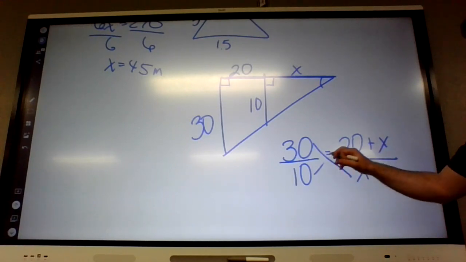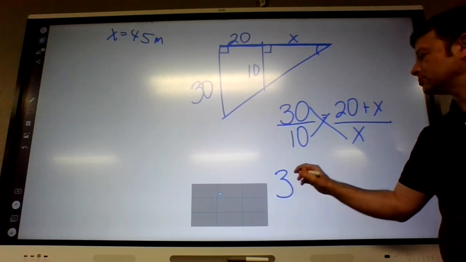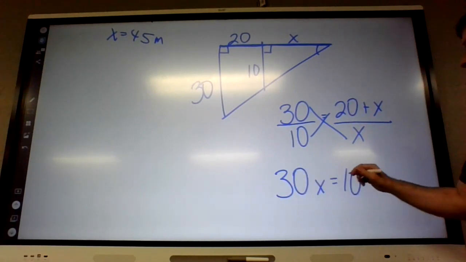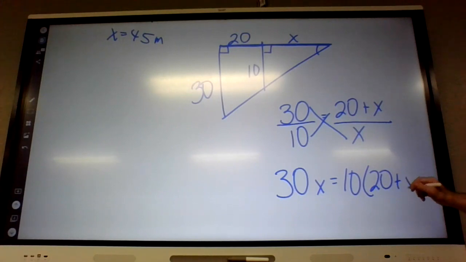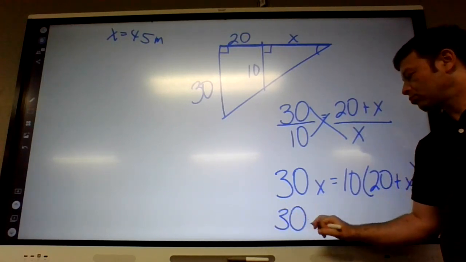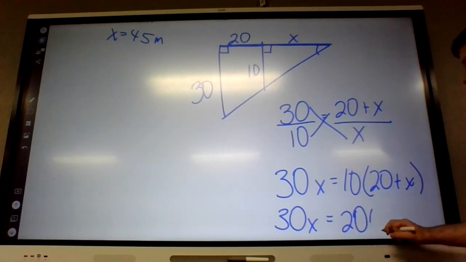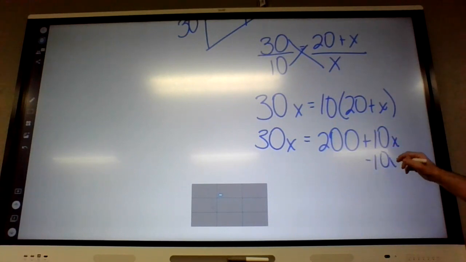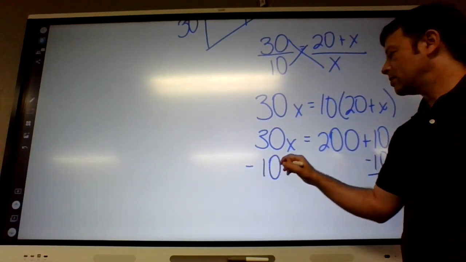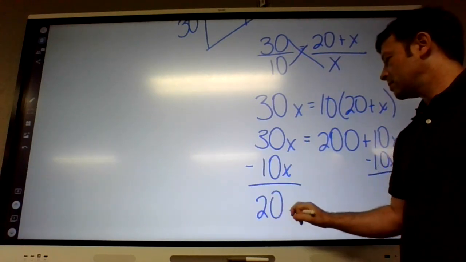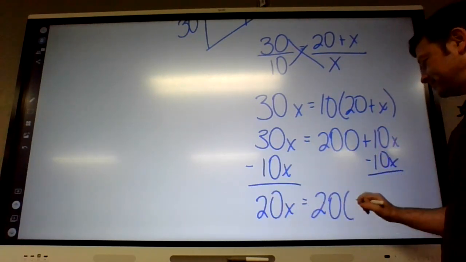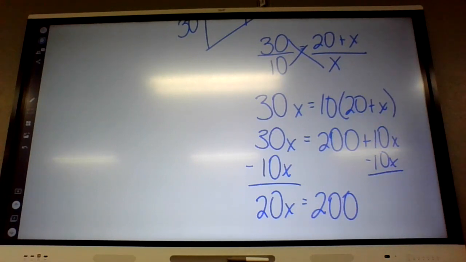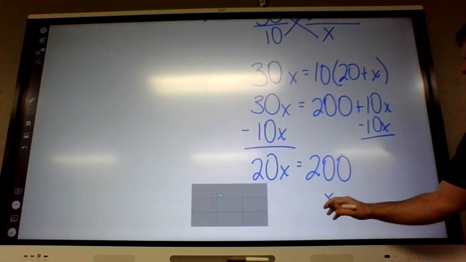So 30x equals 10 times... anyway, so 10.